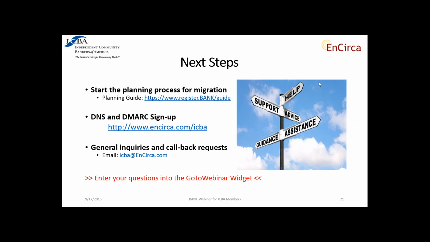So, for example, you all probably have an existing website with .com. You can move the DNS for your .com over to your name servers for .bank, and we do offer special pricing for that. DMARC similarly also has a special pricing if you want to have multiple domain names under that DMARC package.